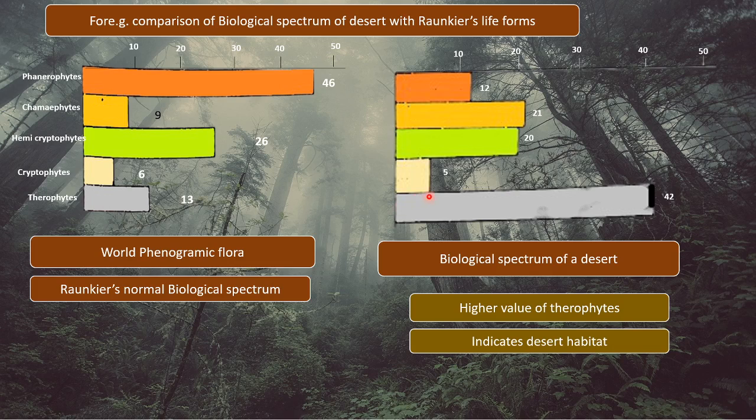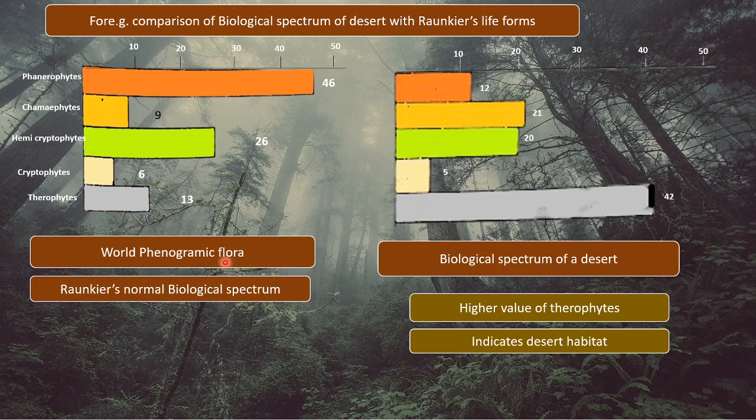As we did this study, it was found that therophytes are maximum, 42%, in the desert, and therefore the higher value of therophytes indicates a desert habitat. Whereas when we compare it with world flora, we see that all over the world only 13% therophytes are present, but when I study a particular desert area, the therophyte percentage is higher, right?